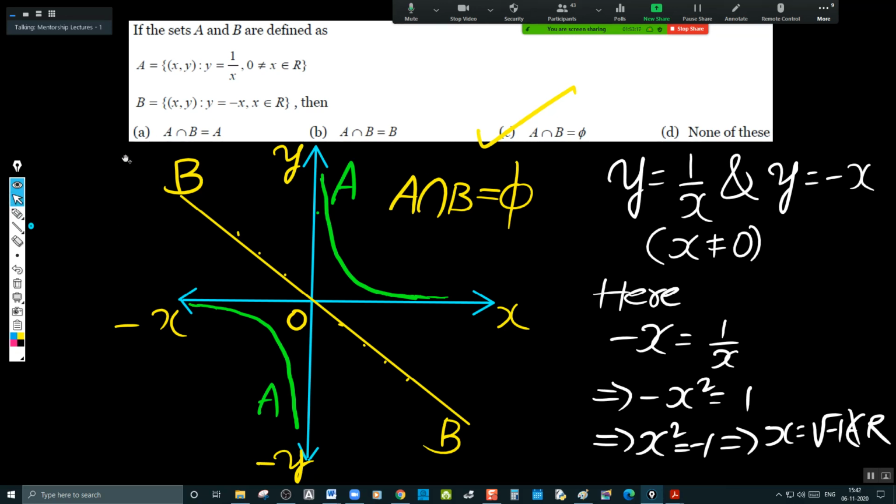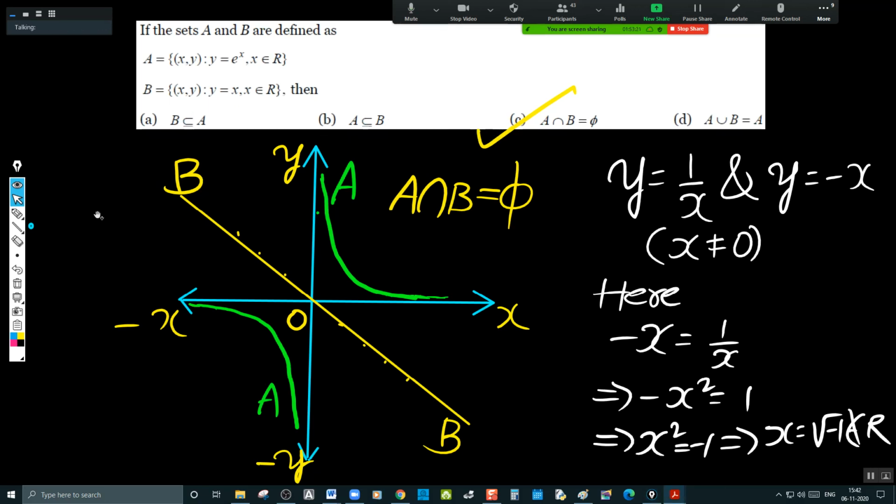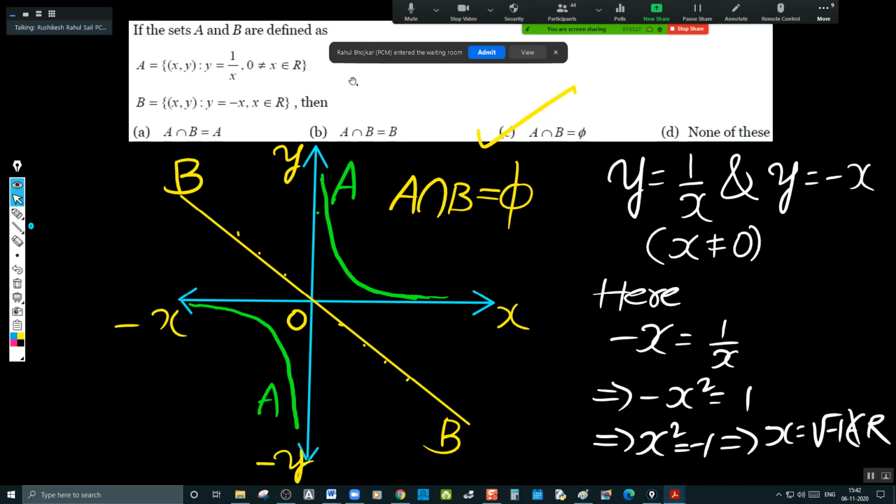Okay, now I'm moving to the next question, please. Sir, in the previous question we could do it just by giving values, taking 3-4 values of set A and set B and then checking. How many values will you give? You can do that, but sometimes you may be missing the original solution.